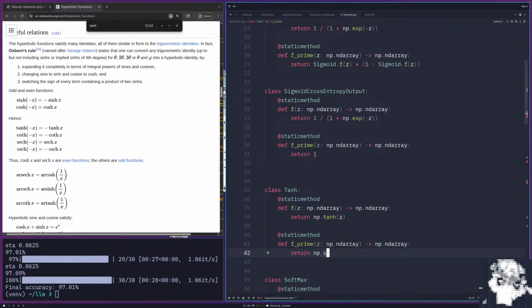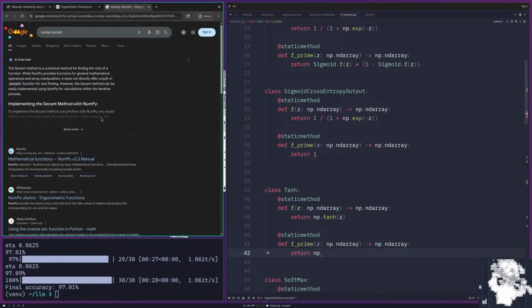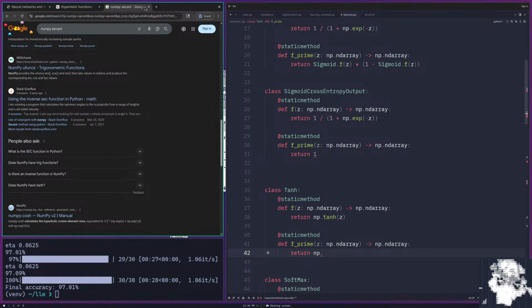It's just secant though, right? NumPy secant. It doesn't have it.